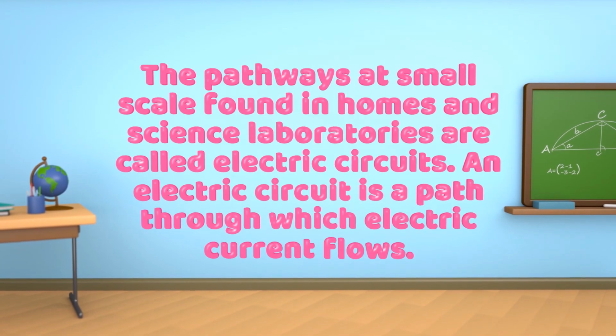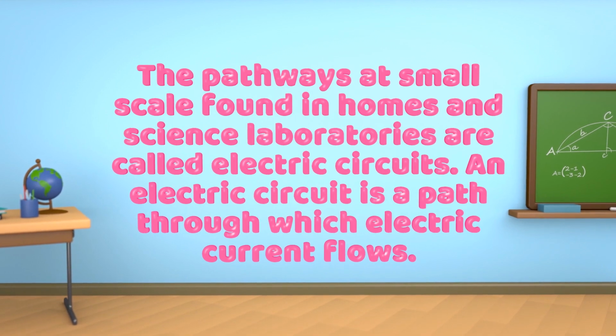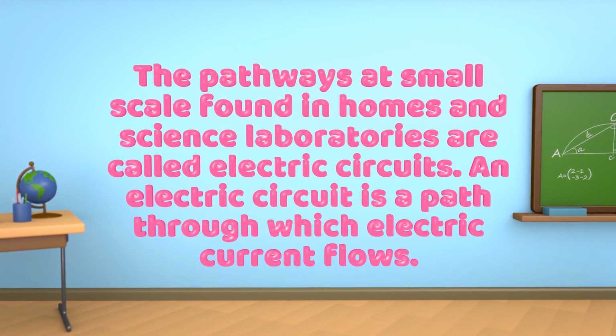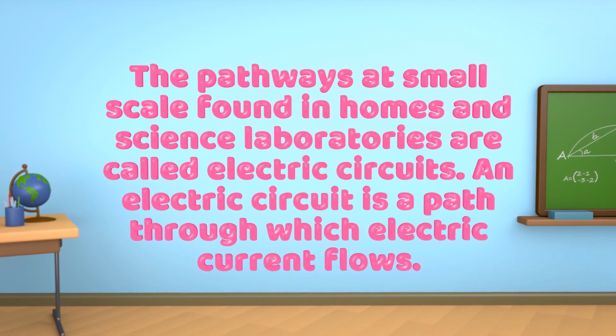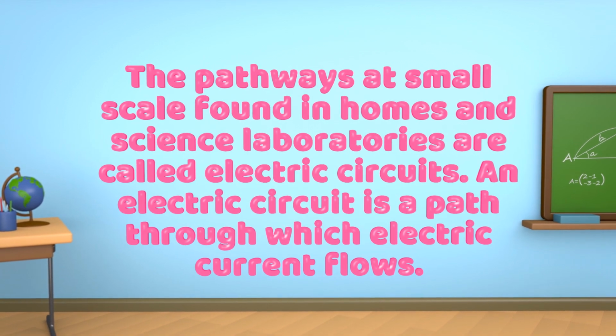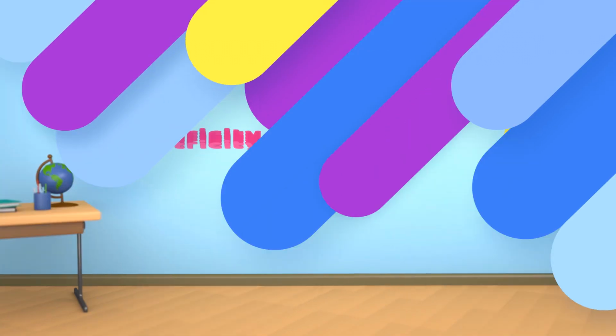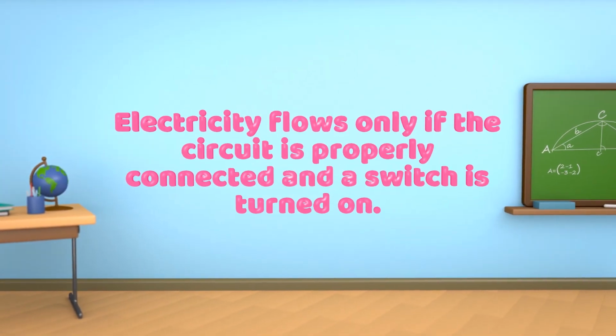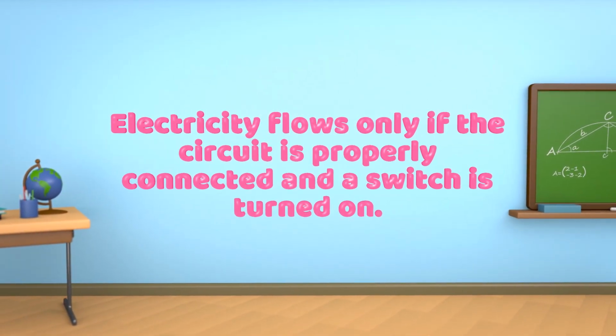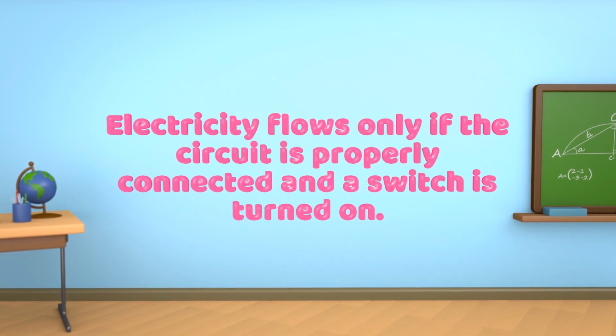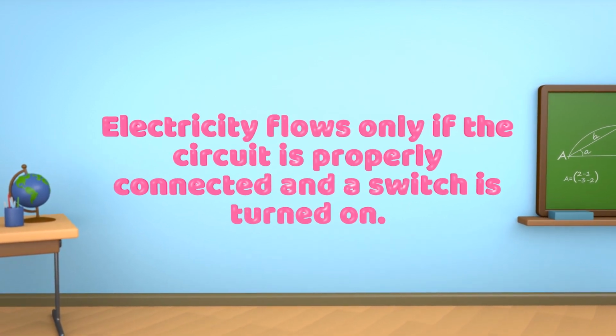The pathways at small scales found in homes and science laboratories are called electric circuits. An electric circuit is a path through which electric current flows. Usually, electricity flows only if the circuit is properly connected and a switch is turned on.